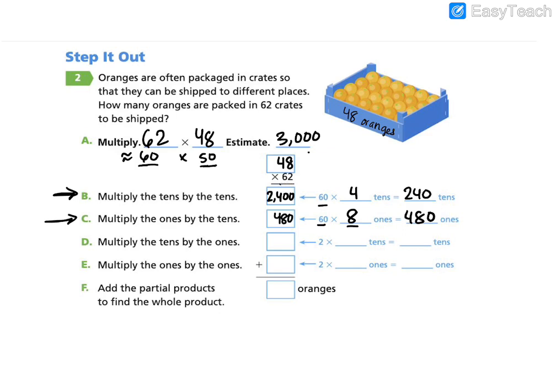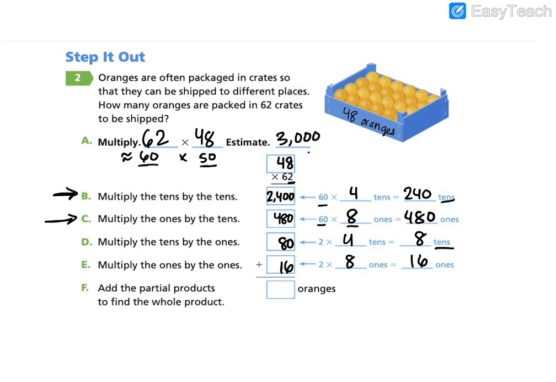Okay, now we're going to move into multiplying by our ones place. So we're multiplying our tens here by our ones. So 2 times 4 tens is equal to 8 tens or 80. Then we have 2 ones times 8 ones, which is equal to 16 ones.